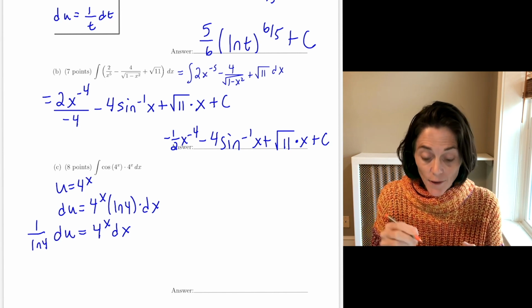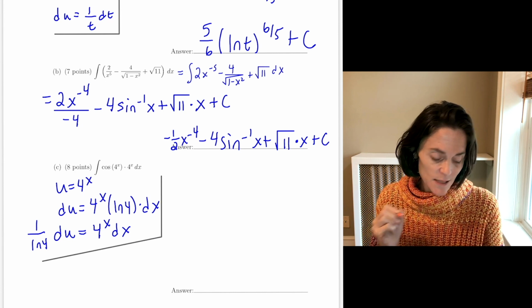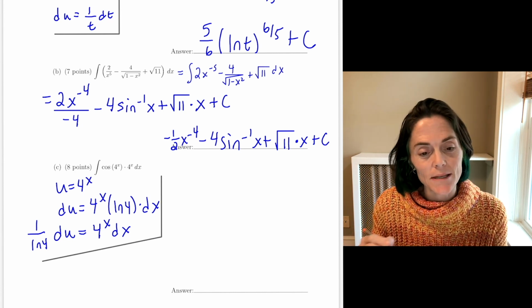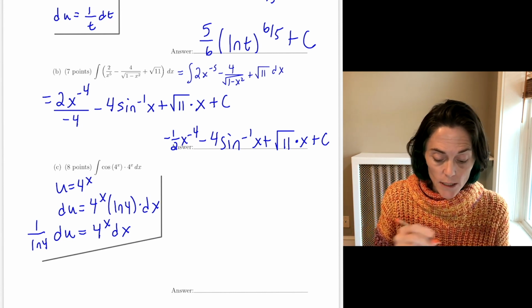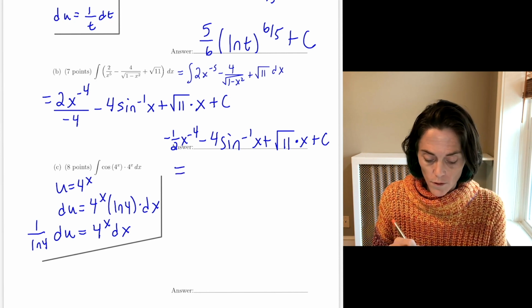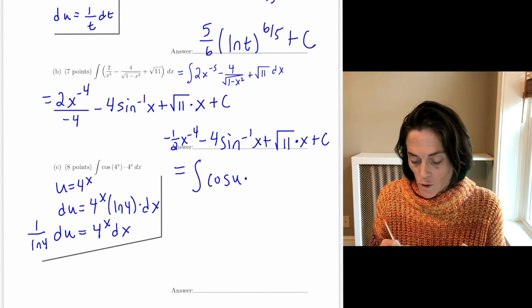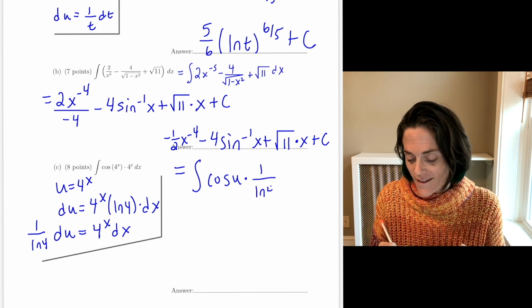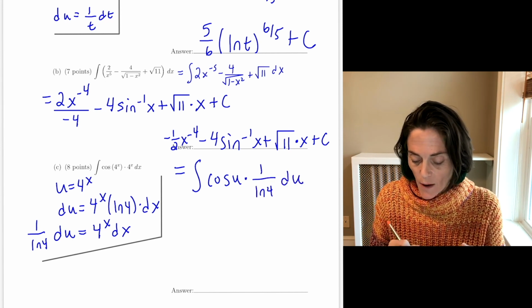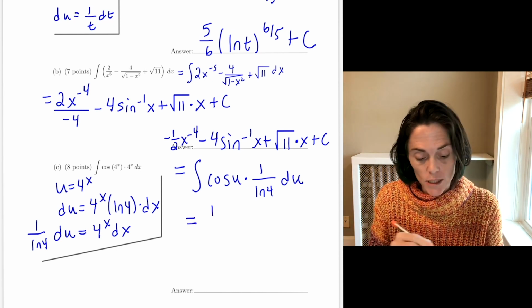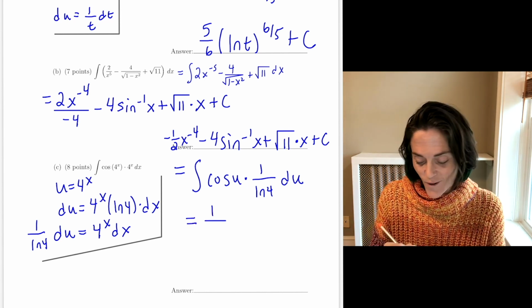So I have calculated the multiplier here. It's 1 over ln 4, and this is an important step. Now I'm ready to convert to an integral of u. We have cosine u times 1 over ln 4 du. Now we integrate. The constant we can just write down, 1 over ln 4.